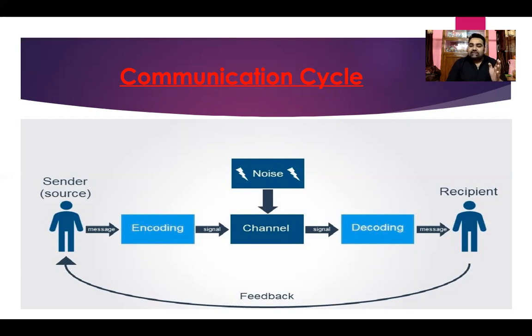Encoding means it is a process in which we construct our ideas into a meaningful sentence. This whole process takes place in our brain only, and it is so fast that we can't feel this process. So after encoding, the sender sends the message.